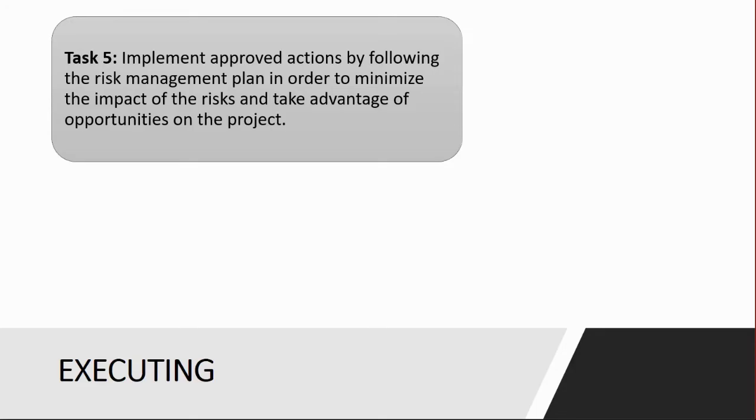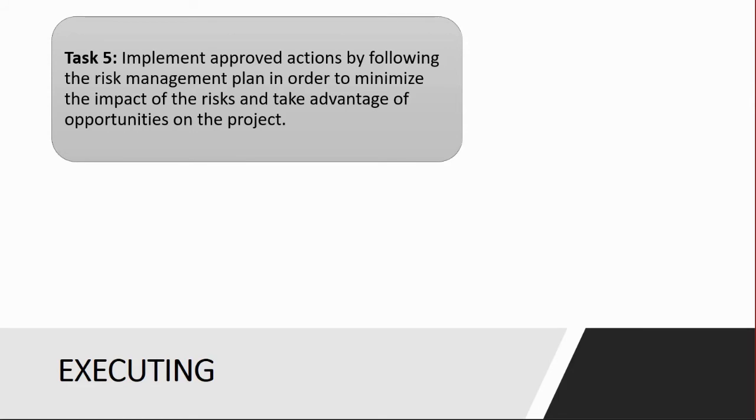So this time, you need to account for the risk management plan as being part of your project management plan, which is an input to Direct and Manage Project Work. Direct and Manage Project Work implicitly has the risk management plan as an input as relevant, because the risk management plan is part of the project management plan, but they're specifically calling out the risk management plan. So we may need to implement certain approved actions, corrective action, for example, by following the risk management plan.